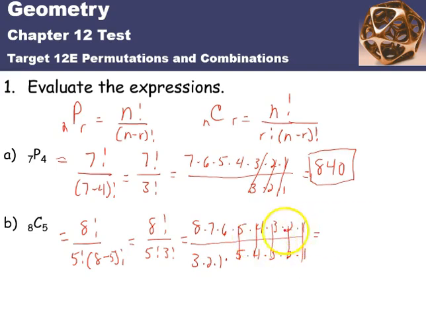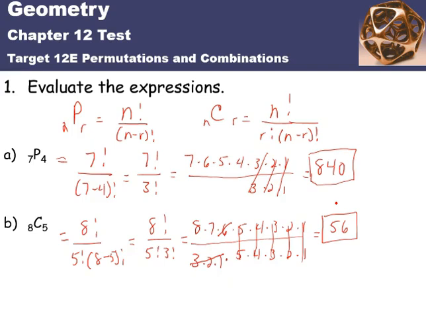So then I can either multiply straight across if I want, or I can go ahead and do some canceling. I'm going to cancel. You might notice that 3 times 2 is just 6, so all of that on the bottom cancels with that 6 on top, and I'm left with just 56. And then again, I can use the button on my calculator.